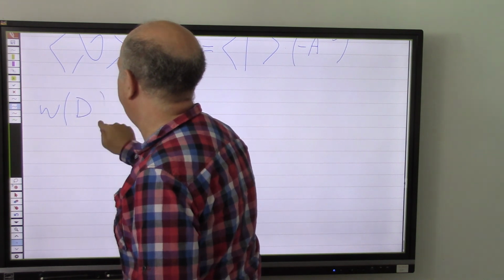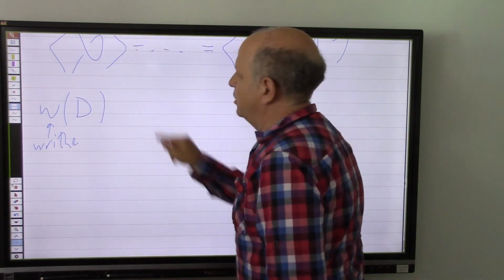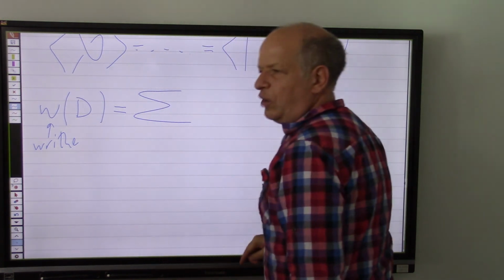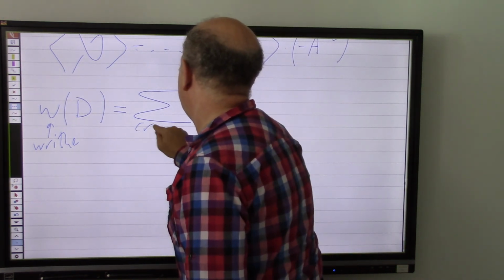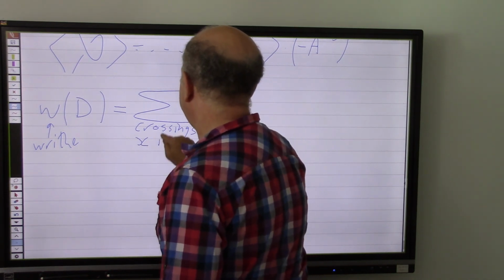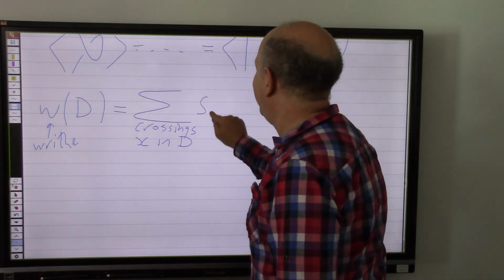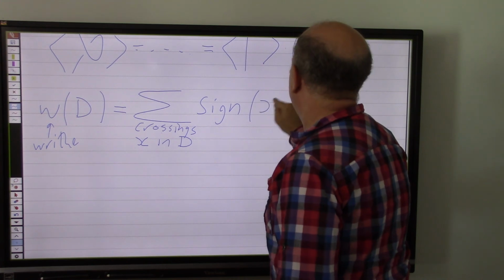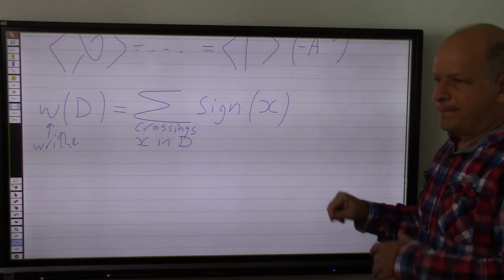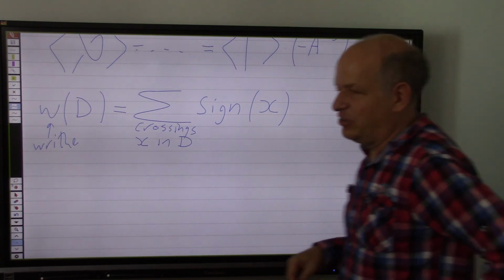So the writhe of a knot diagram, to be the sum over all crossings x in D of the sign of the crossing. So let me define the sign of a crossing.